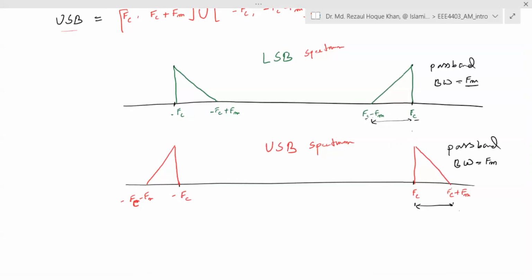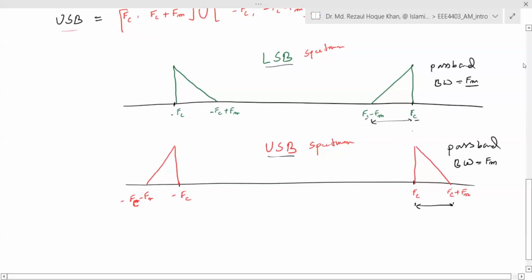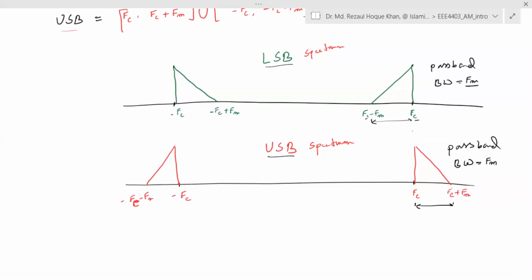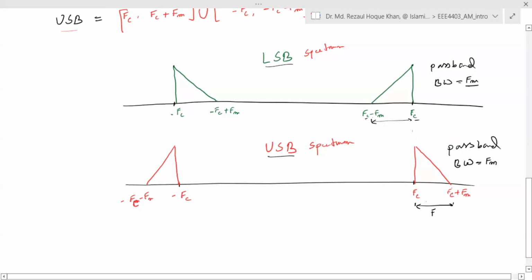This is a single sideband, right? Individually, they are single sideband, either LSB or USB. Both of them are separately called SSB, single sideband, and have a passband bandwidth of FM.